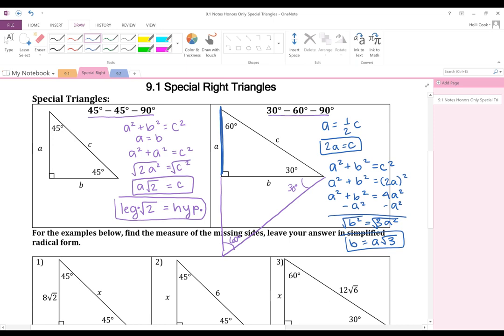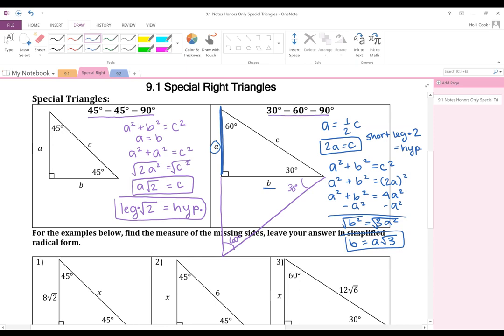So these are our two relationships for this one, and again, we can write them in words. Our 2a equals c, that means, now we have to be careful because a is our short leg. With 30, 60, 90 triangles, we have a short leg and a long leg, b. So a is specifically our short leg, so the short leg times 2 is going to equal the hypotenuse.